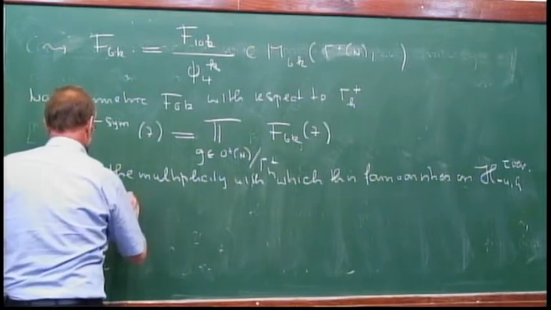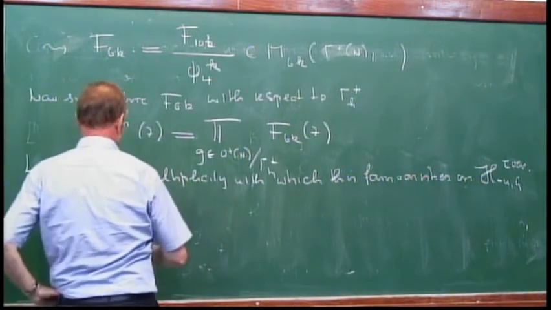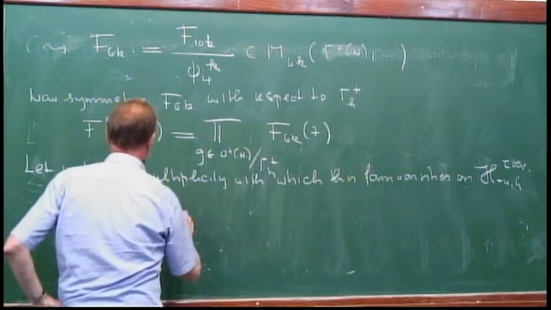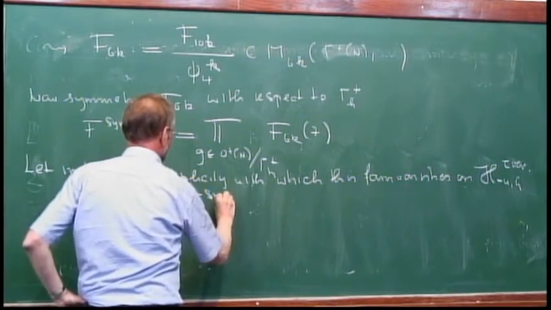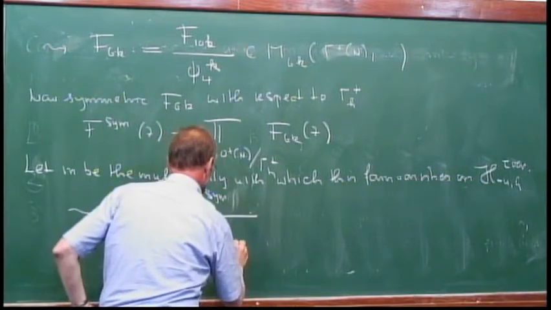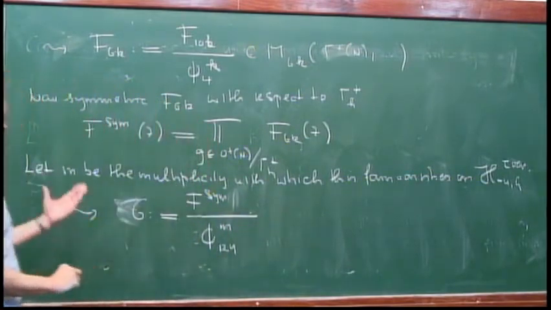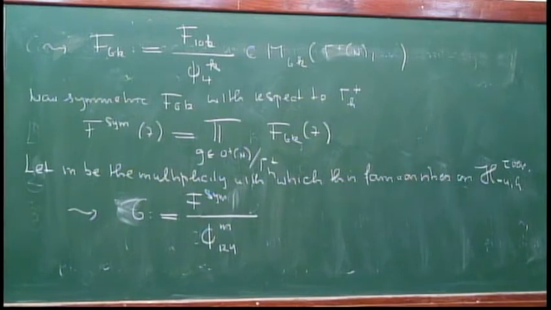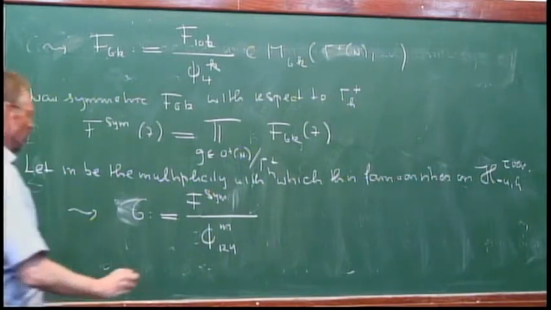And then let's look at G, which is this F sim divided by the phi 124 to the mth power. I can do that, and this is still a regular form.